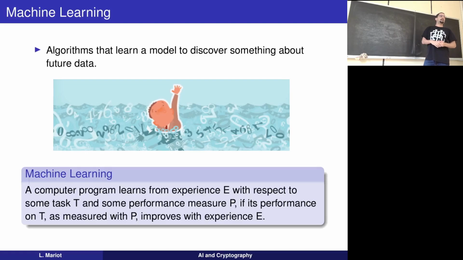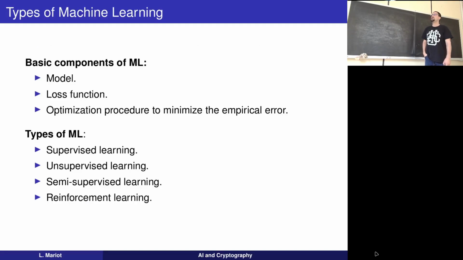Basically we say that a computer program, an algorithm, learns from a certain experience E with respect to some task to solve T, and some performance measure P that says how good the program is in solving that particular task T, if its performance on the task T is improving with respect to the measure P with the experience E that the program is accumulating. This is the most encompassing definition of a machine learning algorithm in general.